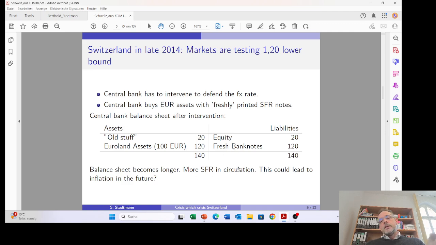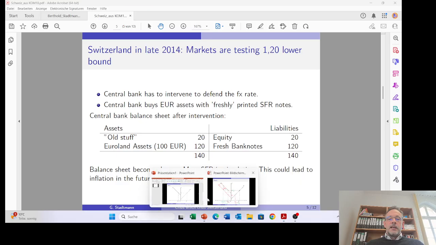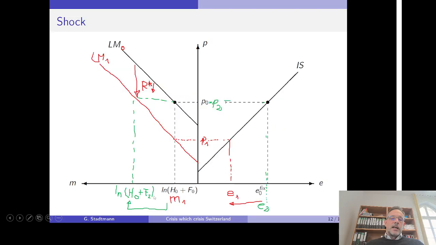This is what we said in the beginning, and this is also what you can see in our analysis here, that money supply within Switzerland increases because of the foreign component of money supply.